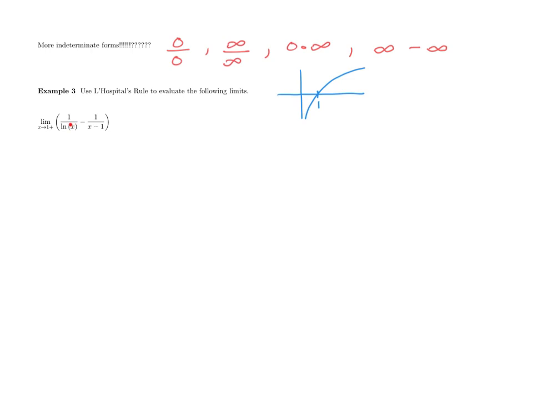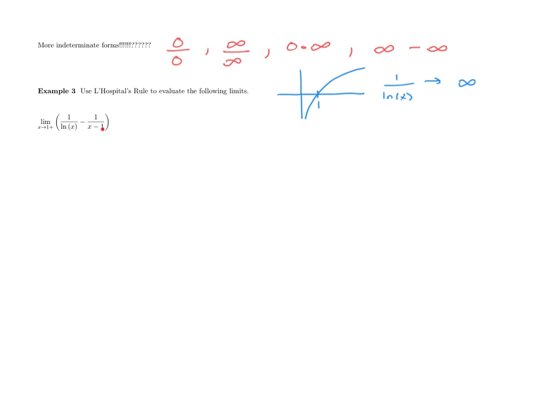The natural log, just the denominator, if we're approaching 1 from the right, is heading towards 0, and those numbers are positive. That means 1 divided by something which is 0 goes to infinity. So we have 1 over the natural log of x as we approach 1 from the right is going to positive infinity.